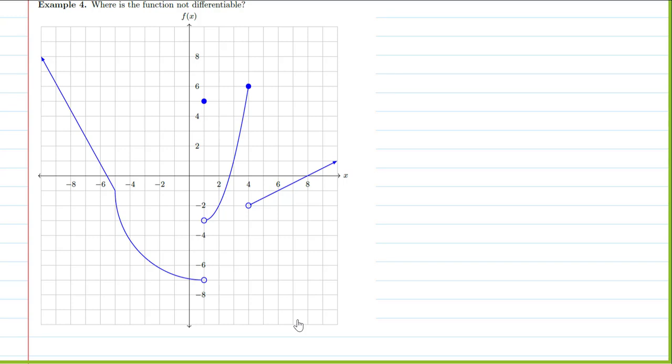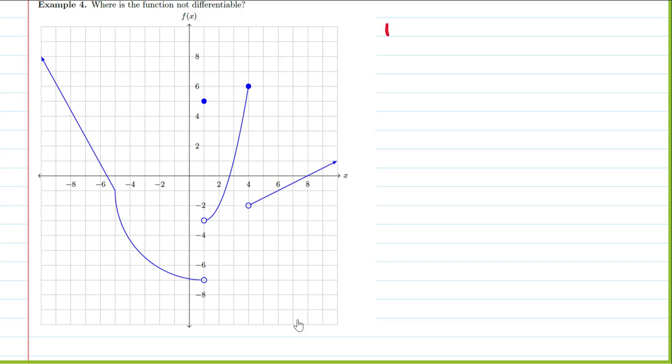Well, by glancing at this picture, there's a couple of places that should really jump out at you, pun intended, right? Anywhere our graph has a jump discontinuity, can we talk about the slope there? No, because the graph is broken into multiple parts. So it turns out that the graph is not going to be differentiable anywhere it's not continuous.